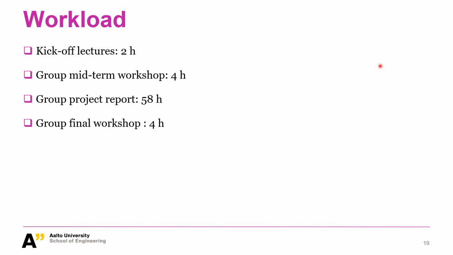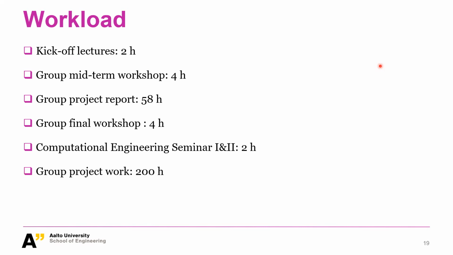It's not like a thesis evaluated just based on the report. We're really evaluating the hands-on performance. And final workshop 4 hours, and seminars 1 and 2 hours together, and group project work 200 hours per person. And the total, you will have 270 hours invested in this course per person.